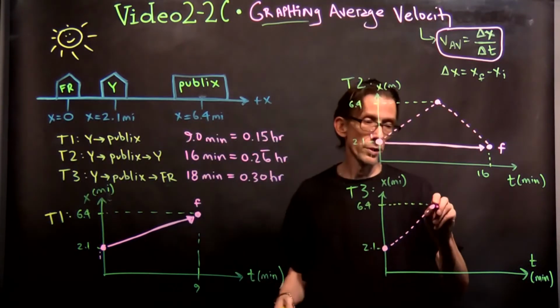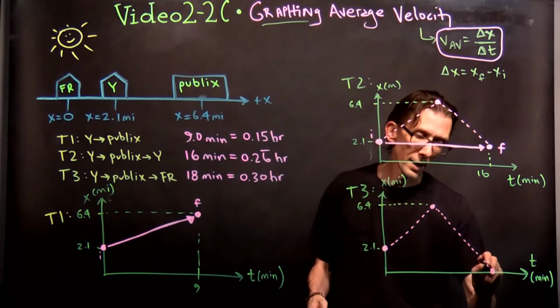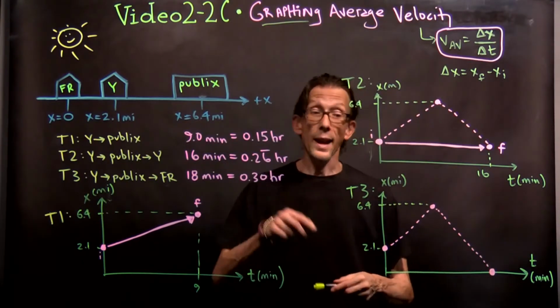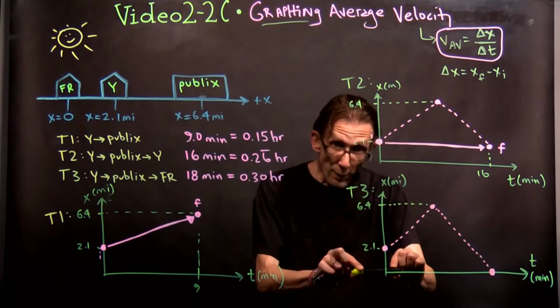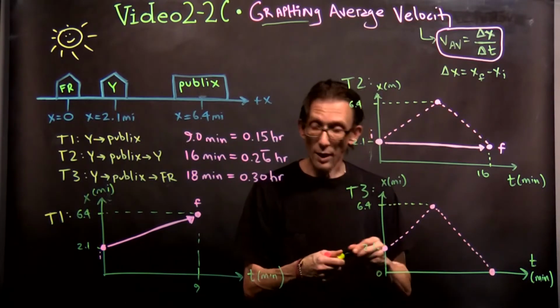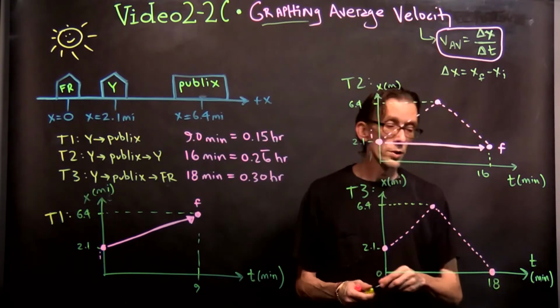So you're going to turn back around this way and end up at your friend's house, because your friend's house is located at x equals 0. And you get there 18 minutes after you start.